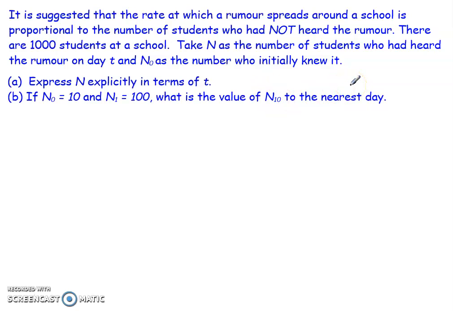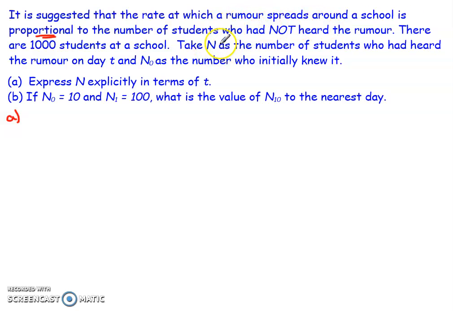So this is the kind of question that I'm going to apply this to. It's a bit of an expansion on what we had previously and a different scenario, but in terms of the general steps, it's actually not too different. So the first thing we need to do for part A is express N explicitly in terms of t. If we read the question again, what we know is that the rate at which the rumour spreads around the school is proportional to the number of students who had not heard the rumour.